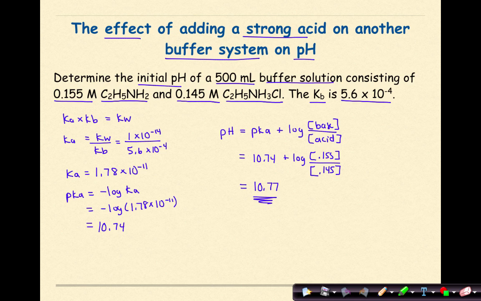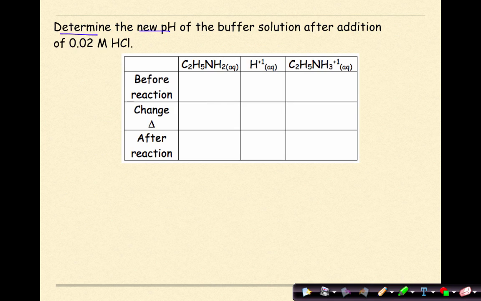So I'm going to look at this pH again after the stress of the hydrochloric acid has been added. Determine the new pH of the buffer solution after the addition of 0.02 molar HCl. So in this case, we have C2H5NH2. That's going to be my weak base. The C2H5NH3 plus 1 is going to be my weak acid.